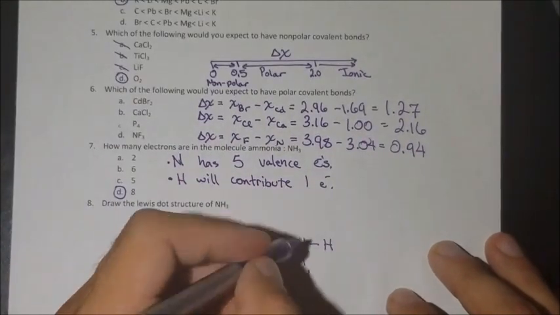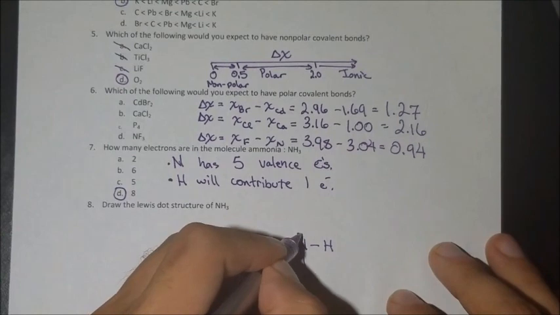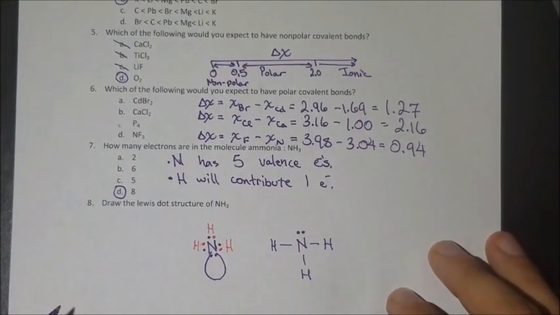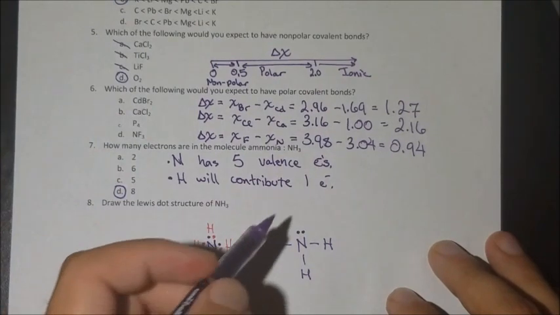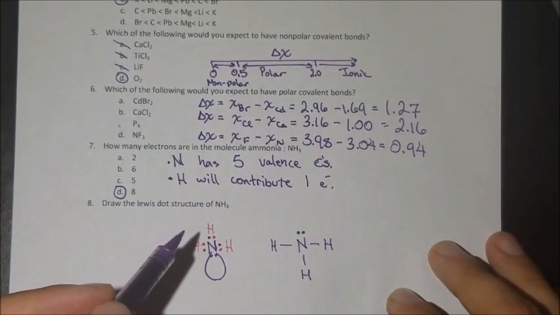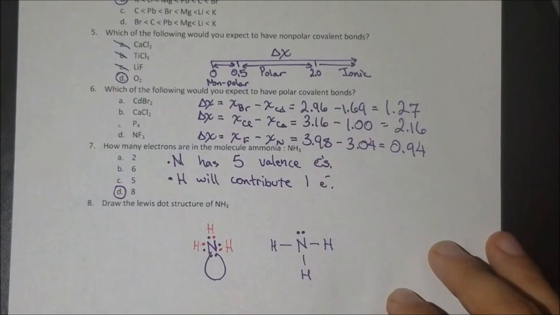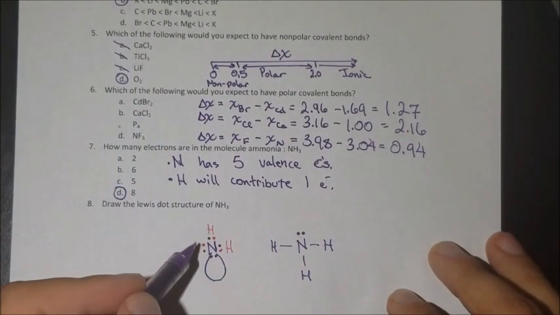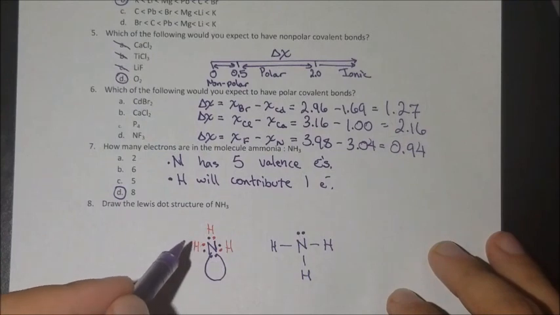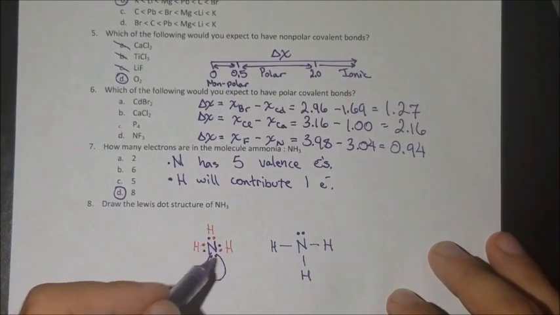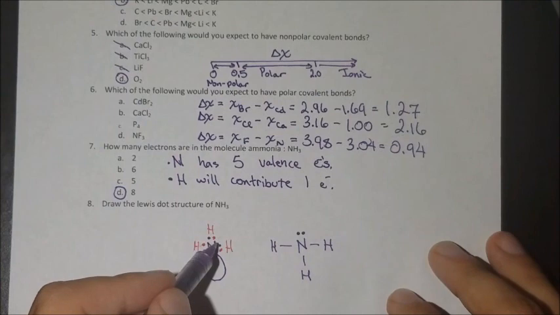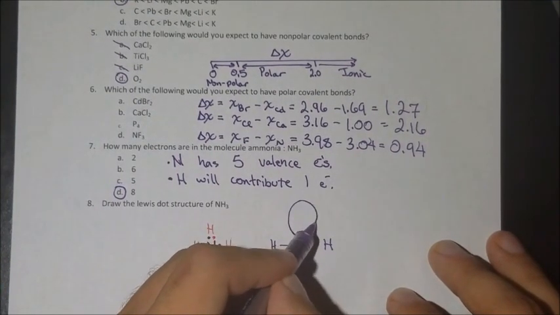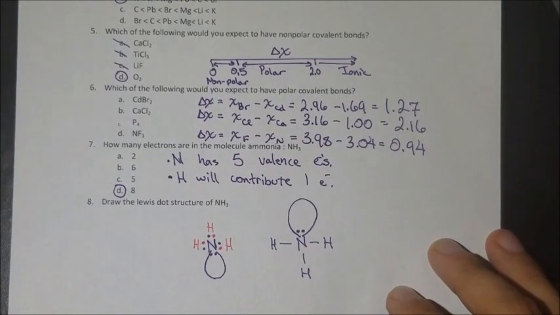But what you had to do was clearly denote the lone pair on that nitrogen, because that's really important. That makes the nitrogen neutrally charged, and it also says that out of the 5 valence electrons, 3 of them were occupied in a bond, and the remaining 2 formed a lone pair.